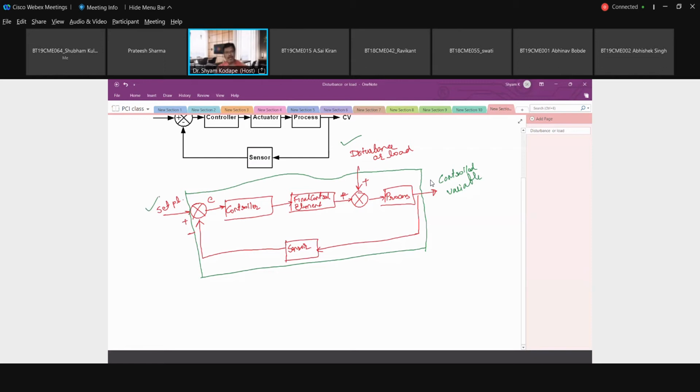And the one which is under study is the control variable. My aim is to maintain the control variable. The objective may be to suppress the external disturbance, or to optimize it.